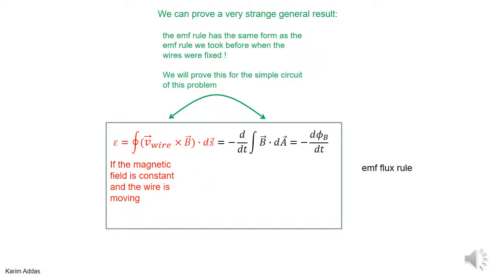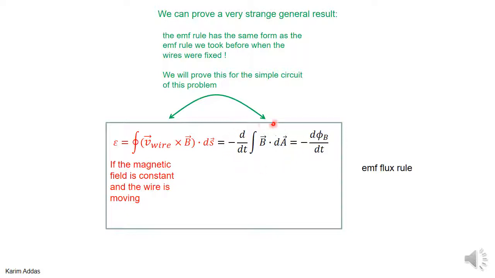So we showed just now that if you have a magnetic field that's constant and the wires are moving, the EMF for a closed loop can be given by this expression. Now, I'm not going to prove it in general, but you can prove that the EMF is also minus d by dt of the magnetic flux.